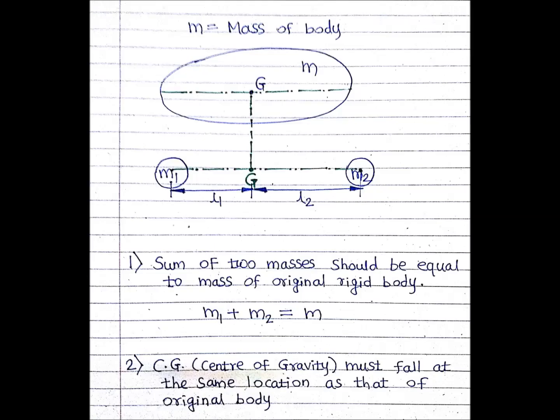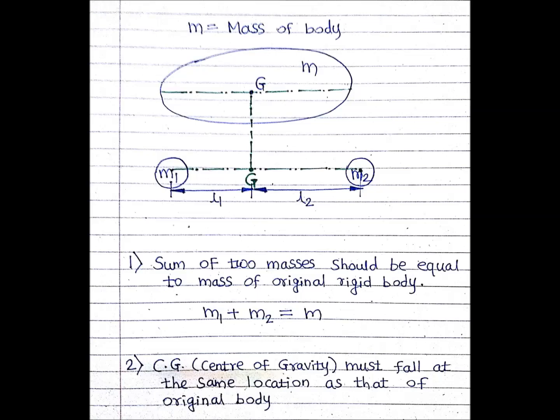Now the same thing we have to apply for the two mass system. Here you can notice, through G, one horizontal center line is drawn in the original body and another center line is drawn in the two mass system joining the two masses. So let us say if we hold the original body at G, that center line will remain horizontal. Now the same G is going to fall at the same location in the case of the two mass system. So whenever we hold the two mass system at that G, at that time the center line joining the two masses should also remain horizontal.